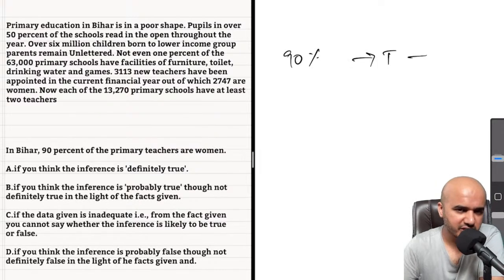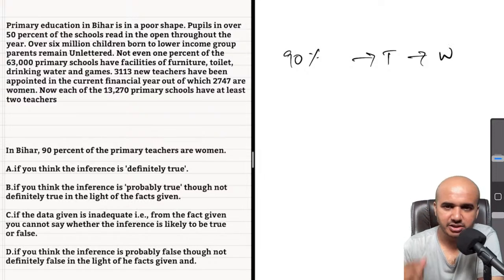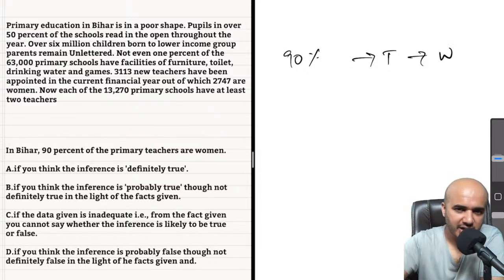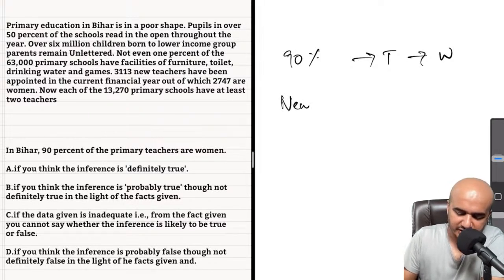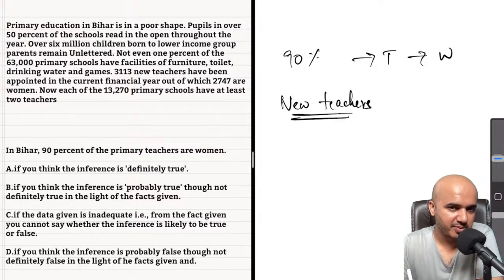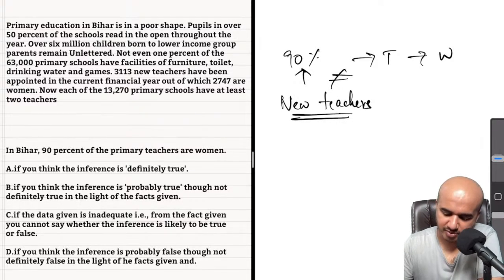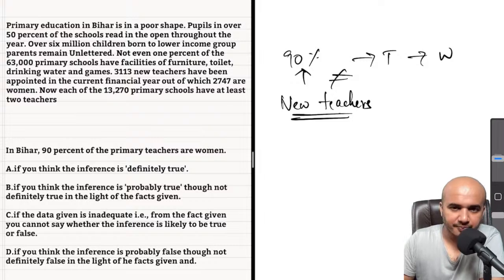Do we have data with respect to 90% of the primary teachers? What we have is the data of new teachers. New teachers is not the same as 90% of the primary teachers. With respect to new teachers, you can perhaps say a majority of them are women, because 2747 out of 3113 teachers are women.